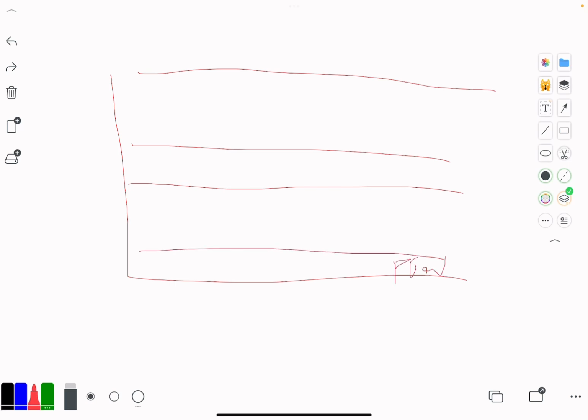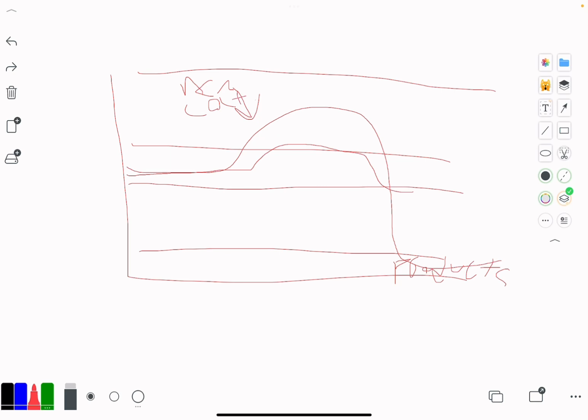Products right here, reactants of different varieties, reactants of different levels. This is the non-catalyzed, and this is the catalyzed. And this is energy usage, and this is the progress.